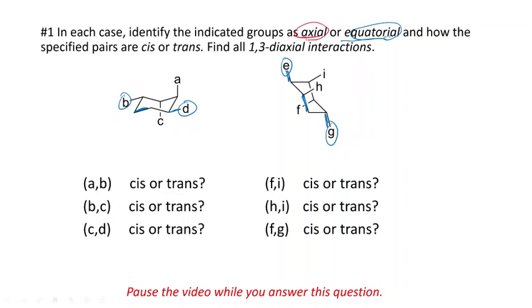Axial are the other ones. They will point opposite each other on the ring if there's more than one, generally, or parallel, but not parallel to any bond that's on the ring. These 5.